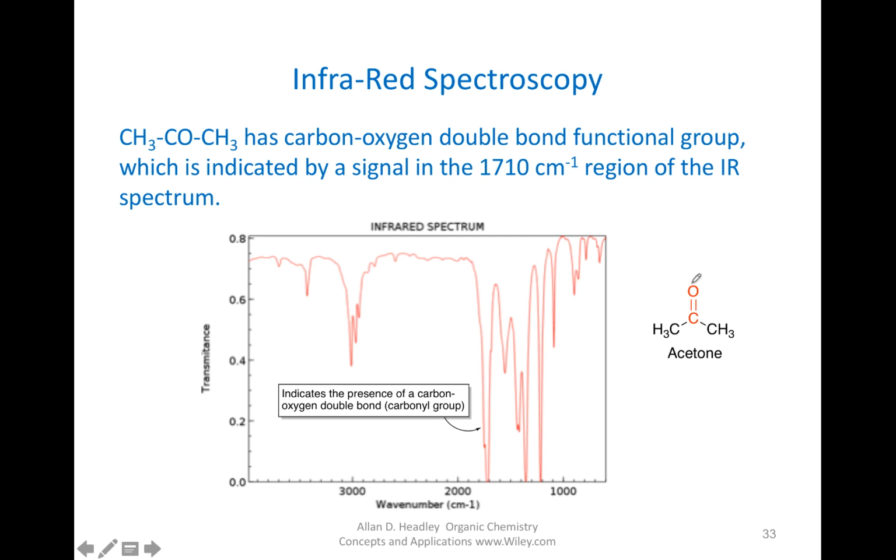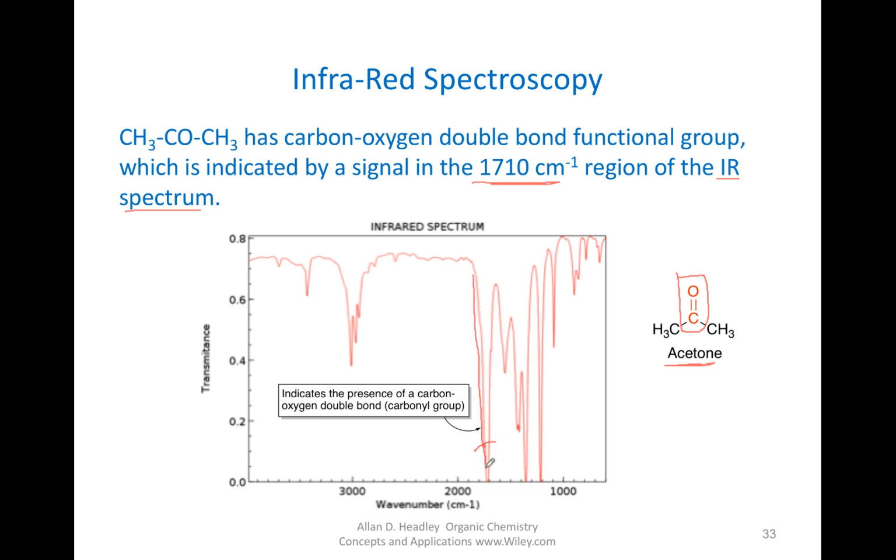Here's another one. This molecule is acetone. But let's pretend we did not know it was acetone. But it has a specific feature here, the carbon-oxygen double bond, ketone. When that molecule that has the carbon-oxygen double bond in the form of a ketone is exposed to energy in the infrared region of the electromagnetic spectrum, at 1710 reciprocal centimeters, we will see a signal.